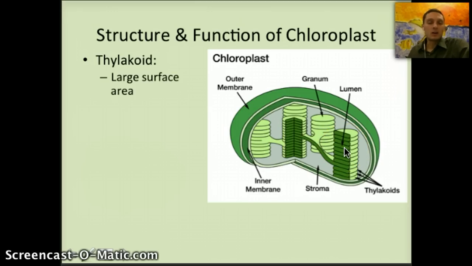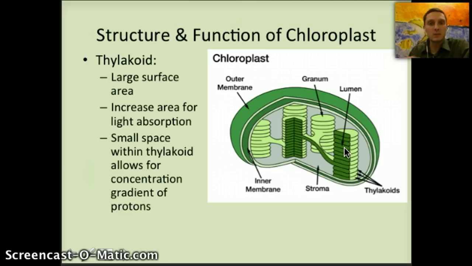The thylakoid has a large surface area, so kind of like the cristae in the mitochondria that we talked about during respiration, a large surface area is necessary for light absorption. This is where the light is being absorbed, that the plant cells, the chloroplast specifically, absorb, and so an increased surface area is going to provide more area for light to be absorbed.